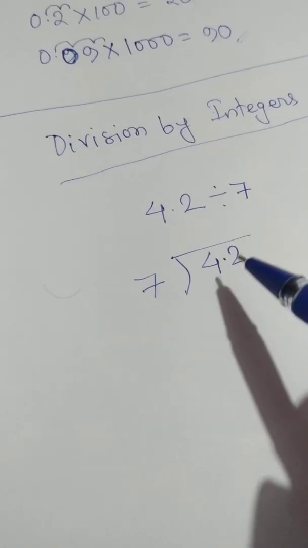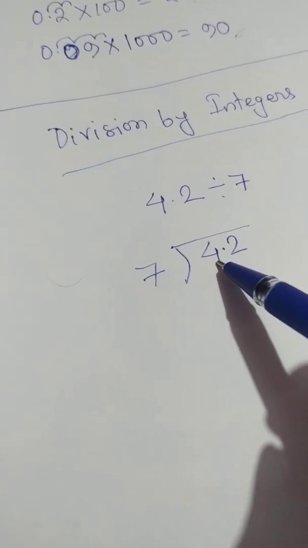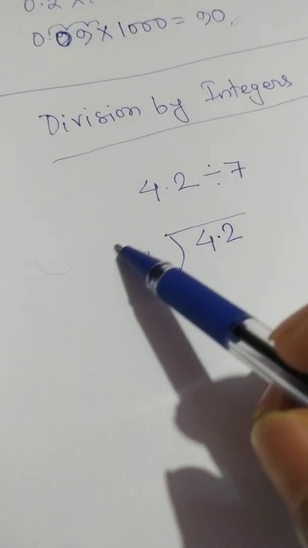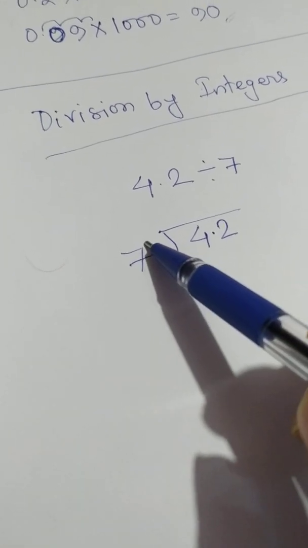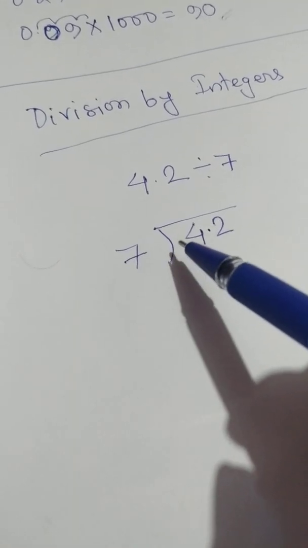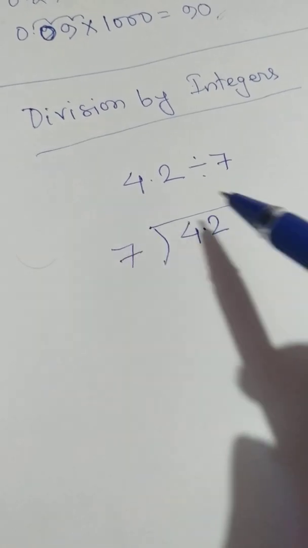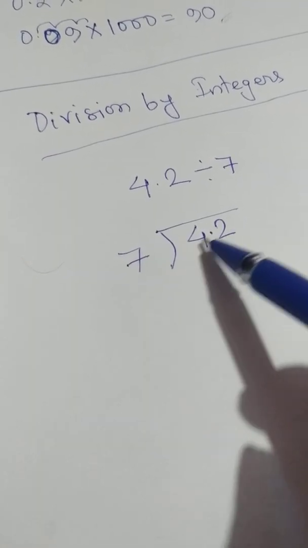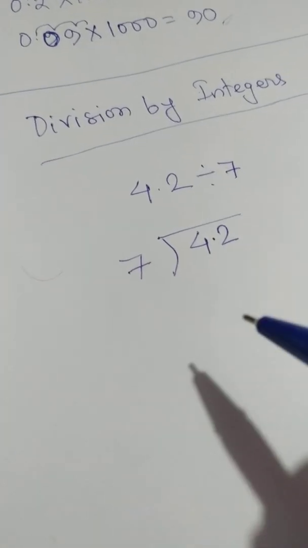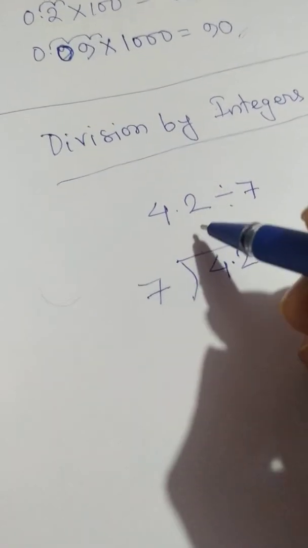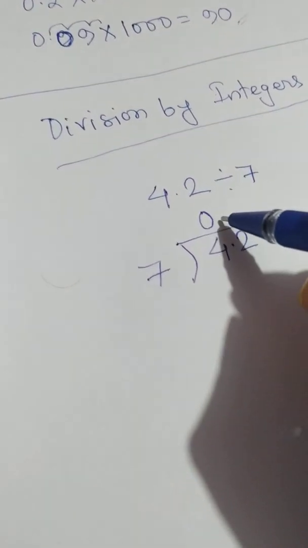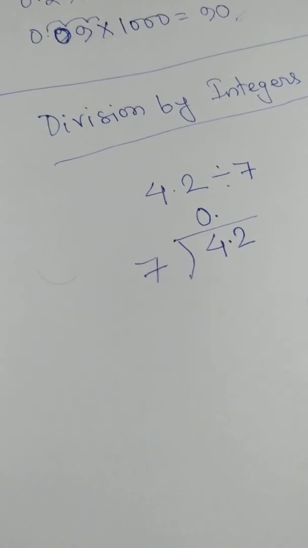Now since 4 is smaller than 7, and there is a point in between 4 and 2, what we need to do first is put 0 point first of all.